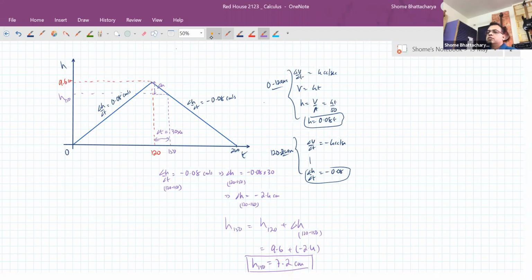Okay, so I hope this is clear to all of you. Okay, so this is worksheet 1, question number 2's B part.